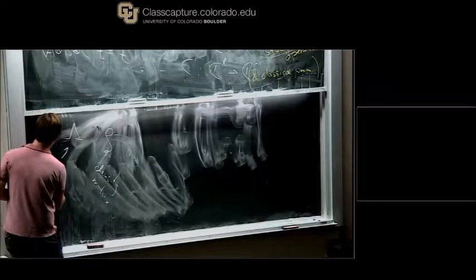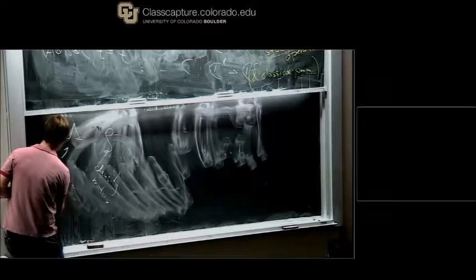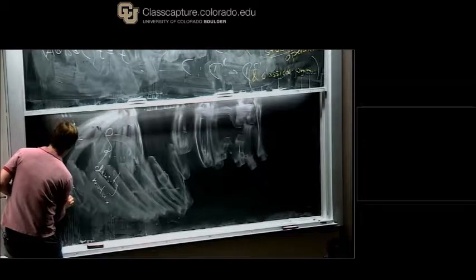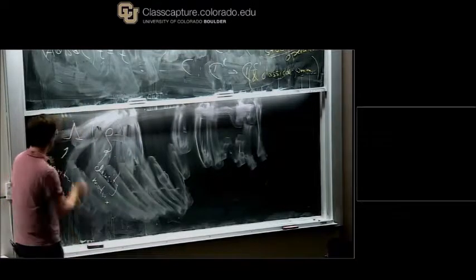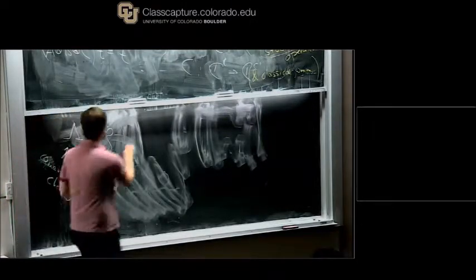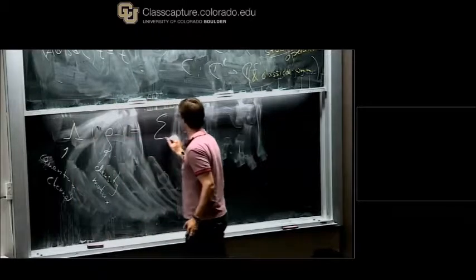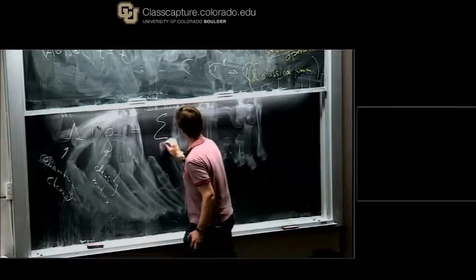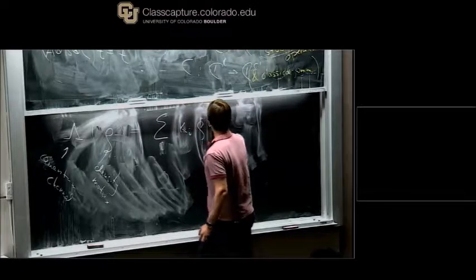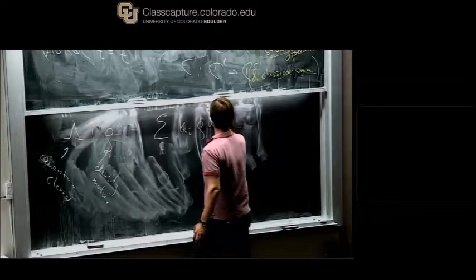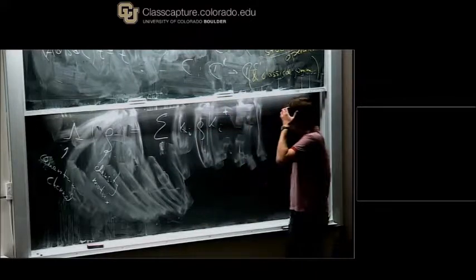A quantum channel is a completely positive trace-preserving map, and this has a Kraus operator sum decomposition, sum over i of K_i rho K_i dagger.